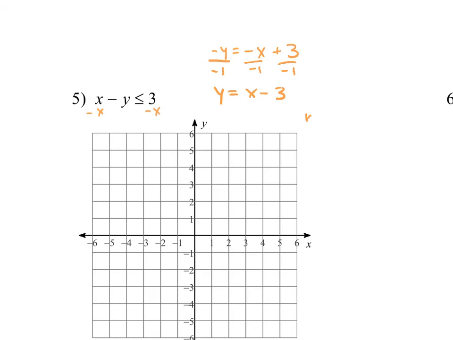So we find our slope and our y-intercept. What's our slope? What's the number in front of the x?